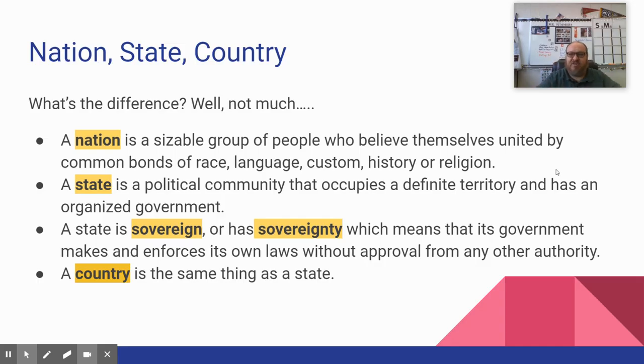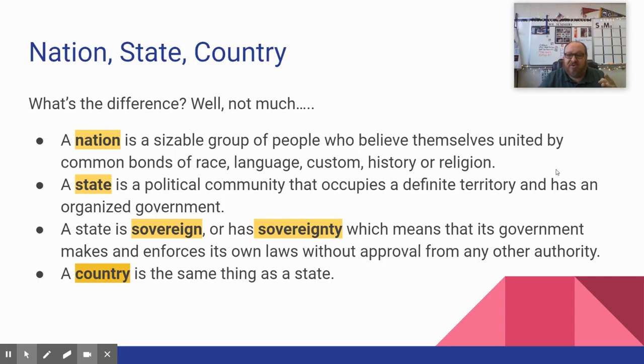Now, a state, though, is defined as a political community that occupies a definite territory and has an organized government. A nation doesn't necessarily have to have an organized government or a defined territory, but a state does. Country is basically the same thing as a state.